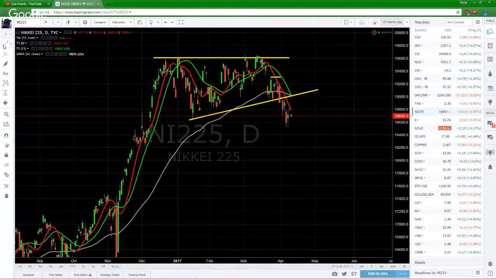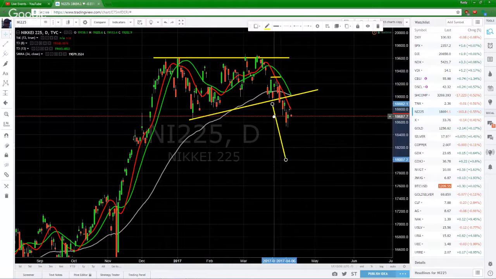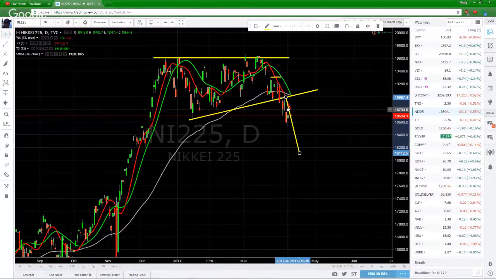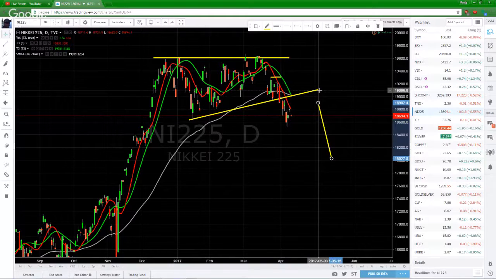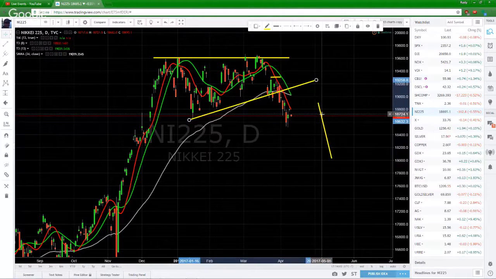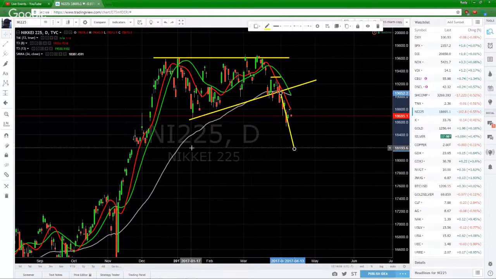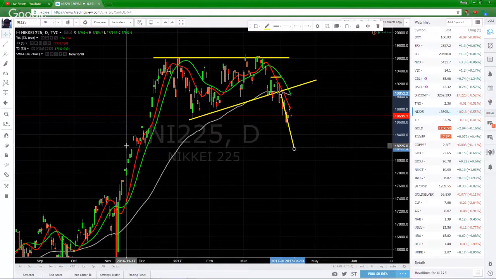So what I want to do is take a measured move. Let's make sure this is in the right spot. So let's take a measured move right where support is. Imagine that. It's like clockwork.